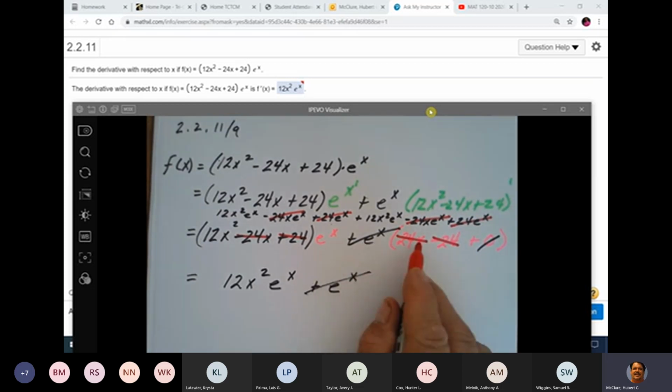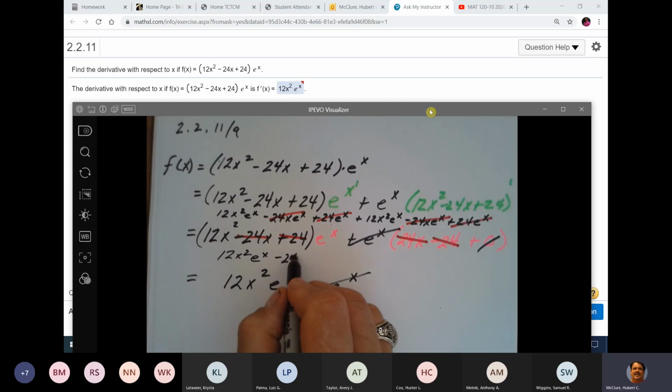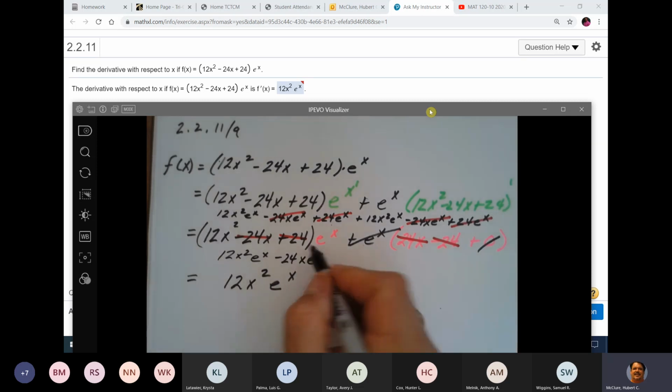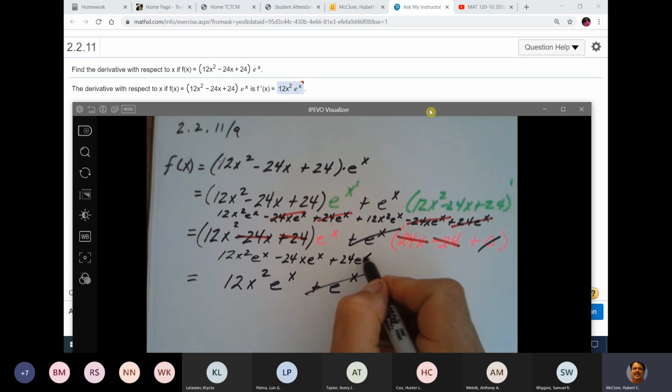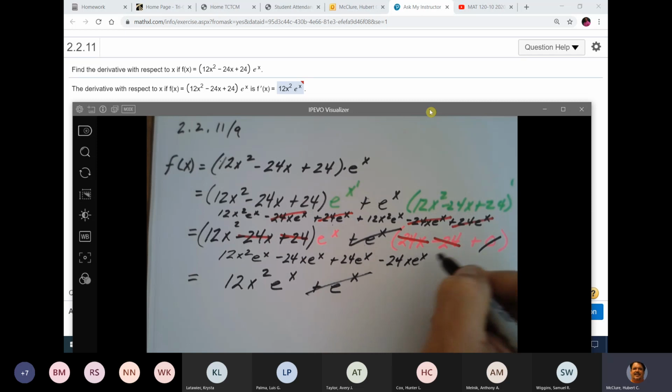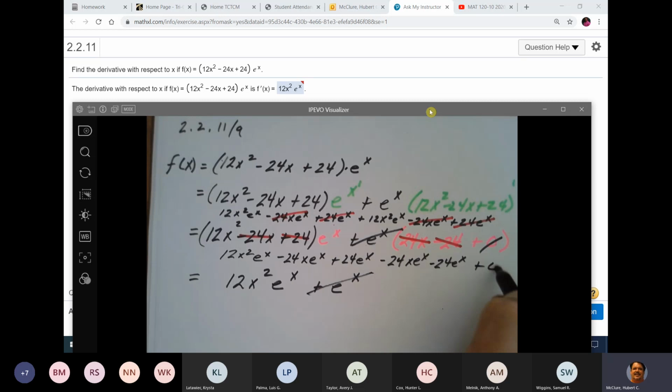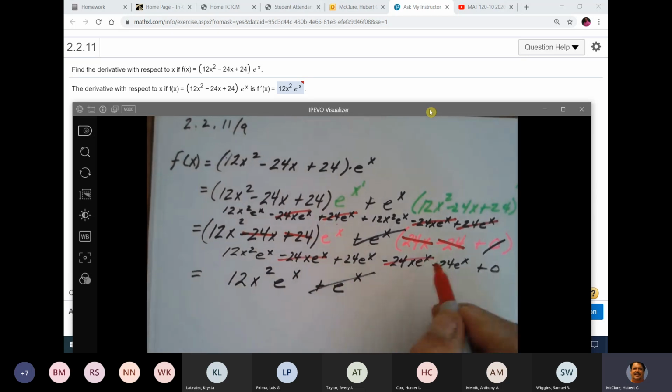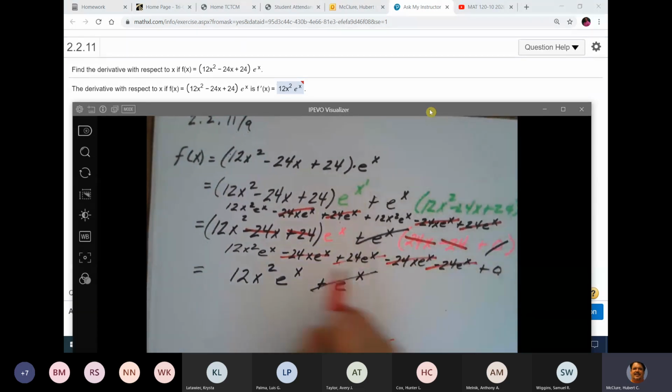I'm sorry. So that would be 12x squared e to the x plus minus 24x e to the x plus 24 e to the x minus 24x e to the x minus 24 e to the x plus 0. And now there's where they cancel. So 24x e to the x, 24, there we go. And you're left with 0.